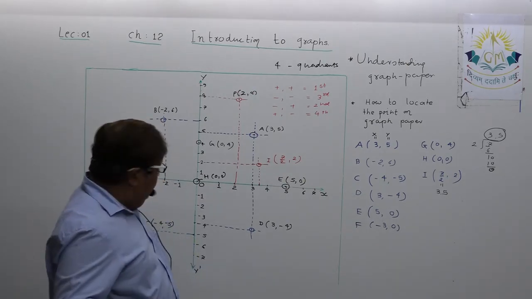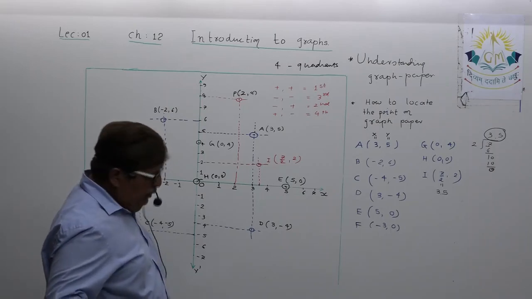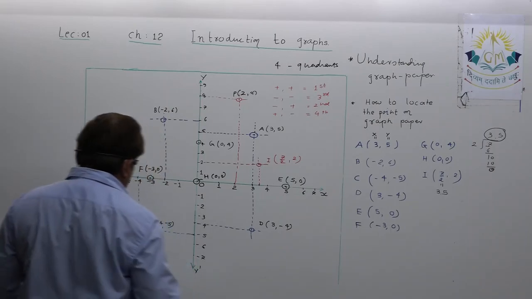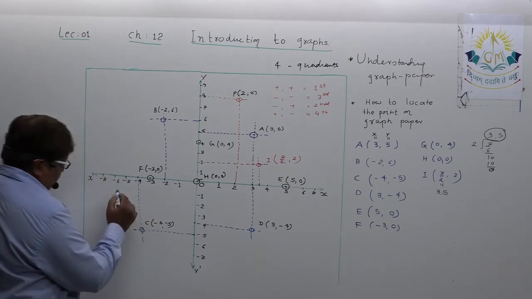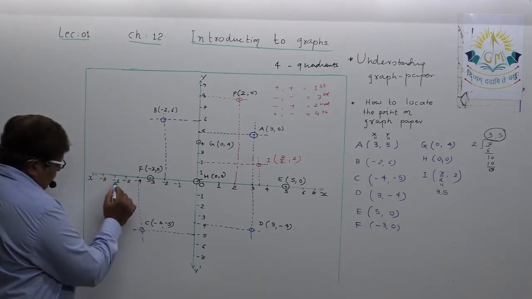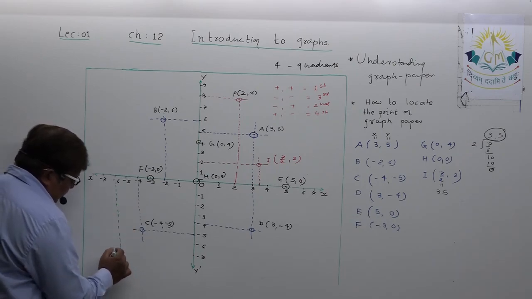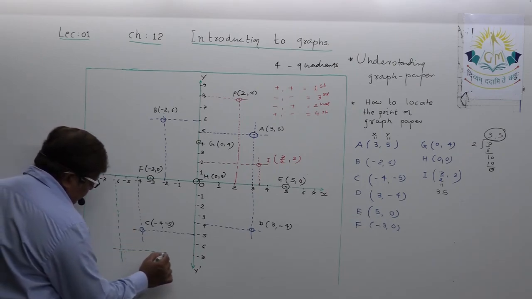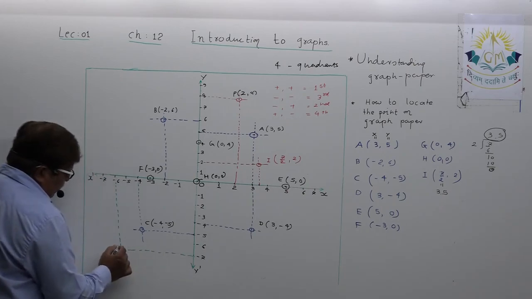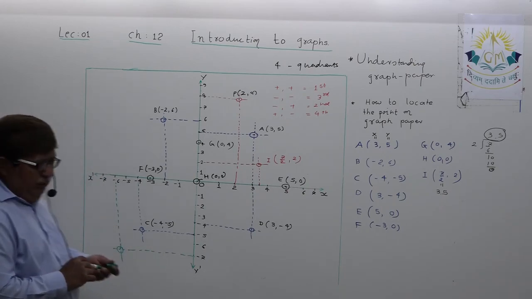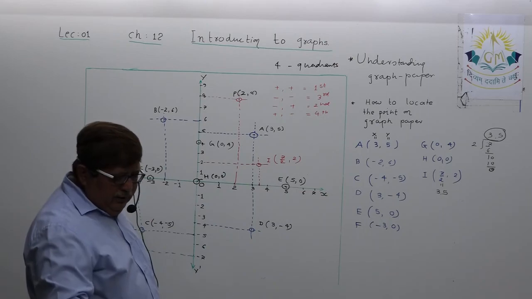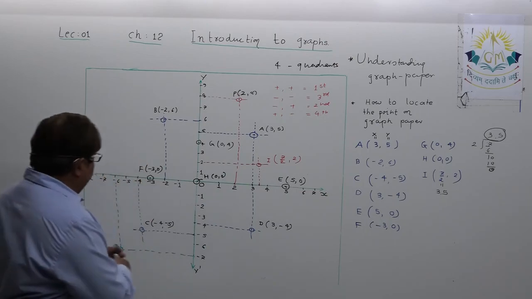Let us take one more for practice. Okay. Suppose I draw one dotted line here, dear student, and one dotted line from here. And here, if I am asking you, okay, please note down the coordinates of this point.